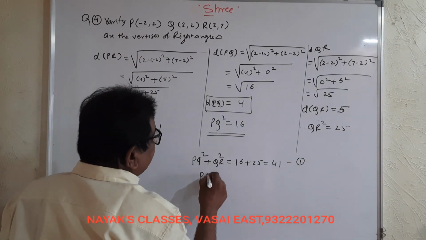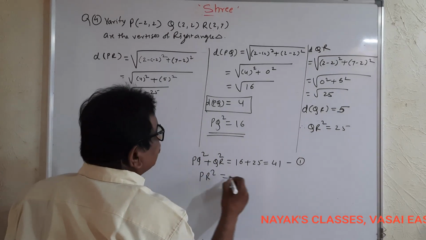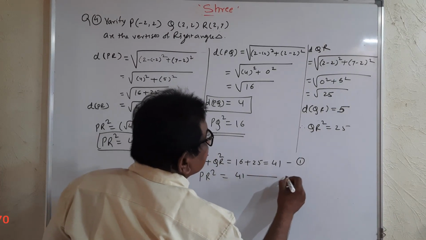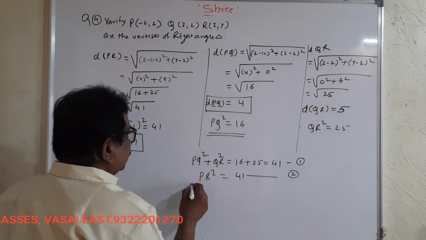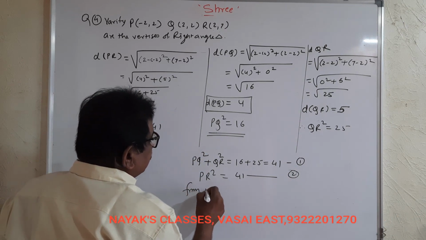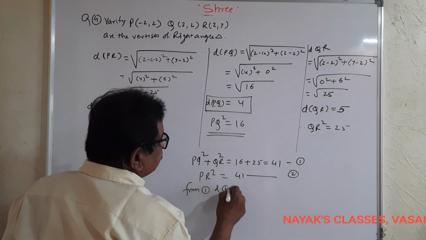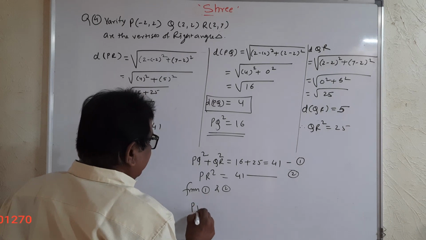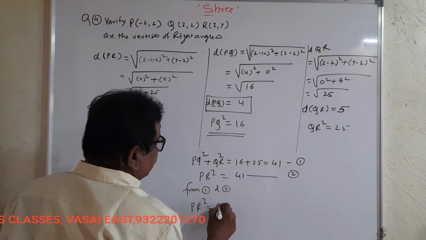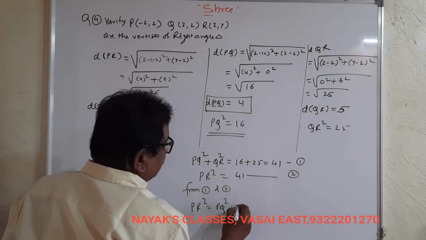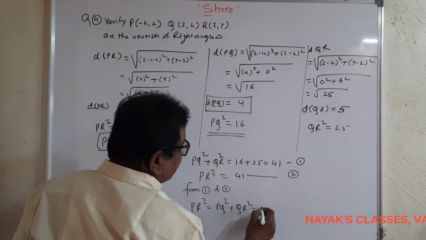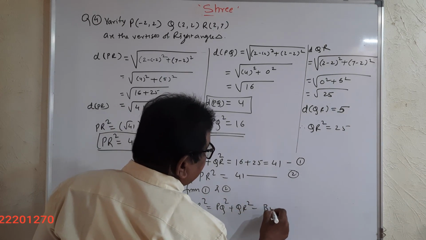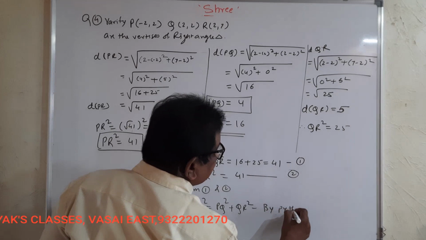And PR square is equal to 41. This is statement number 2. From 1 and 2, PR square is equal to PQ square plus QR square by Pythagoras theorem.